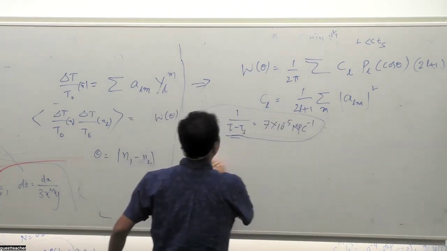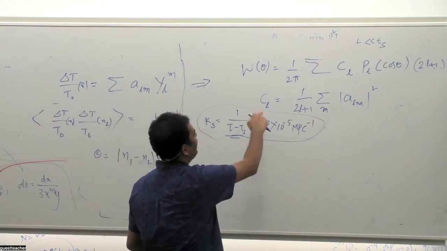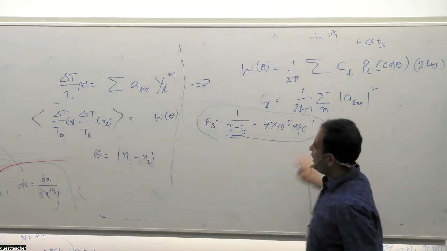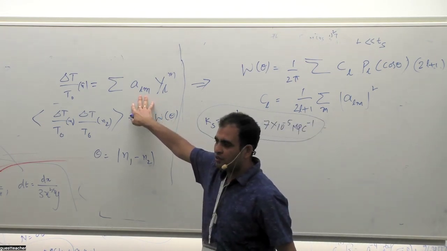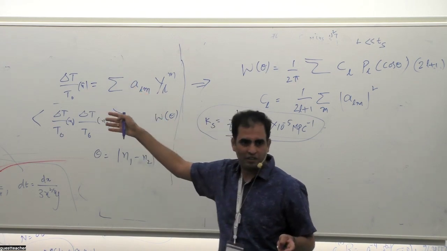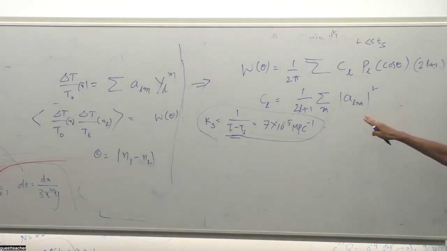Okay. This is what it is, and you may wonder why CL is defined to be 1 over 2L plus 1. What is A_LM? A_LM are the Fourier coefficients of the temperature fluctuations. You write in spherical harmonics. And CL, the angular power spectrum, is just a sum over m, okay?